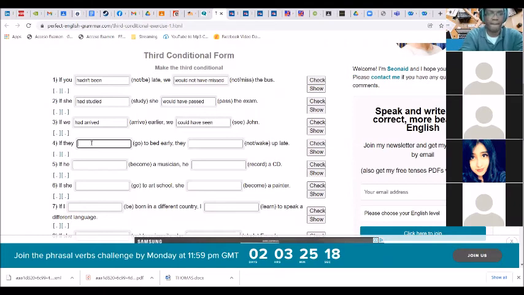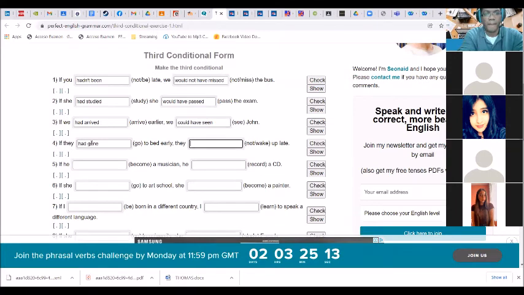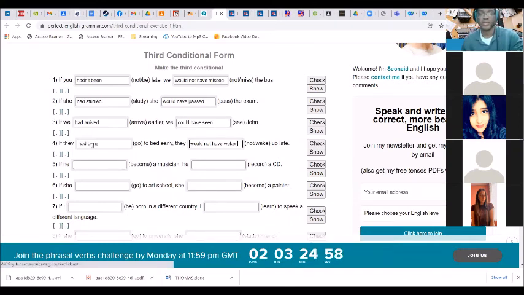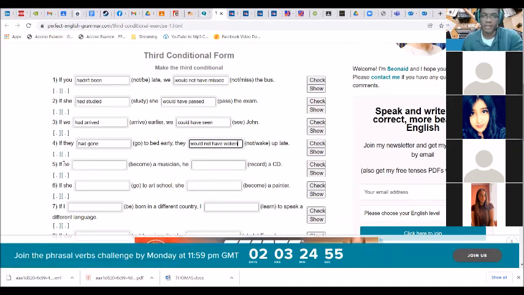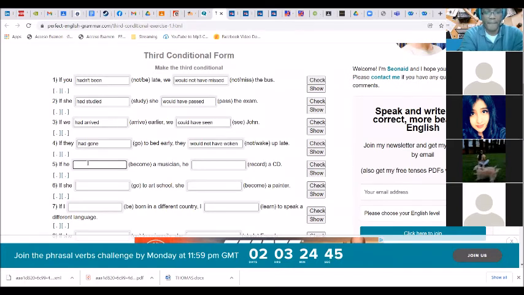If they had gone to bed early, they would not have woken. Wake, woke, woken. Good. Aurora. If he had become... also irregular.